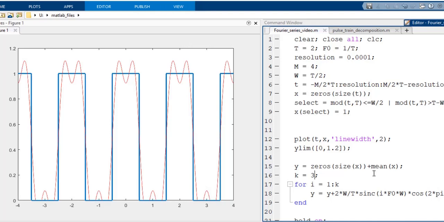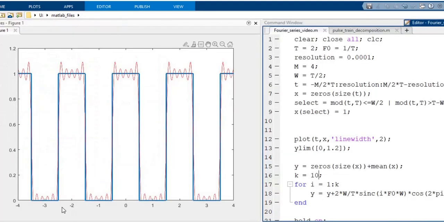Now let's see what happens when I change k equal to 10. Let's run this. Again, for k equal to 10, we get back the signal even better. Let's go all the way to 100 and see what happens. Now the reconstructed signal is very close to the original signal, right?